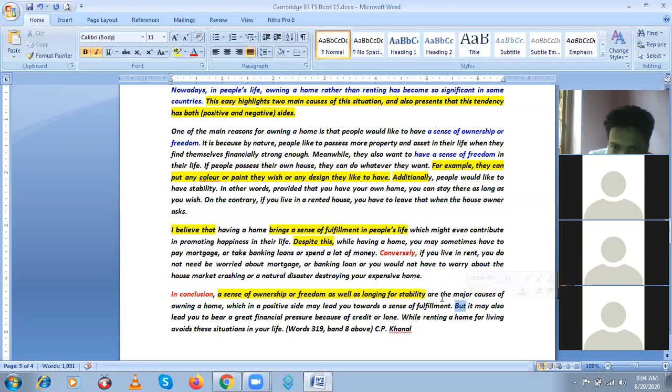You can write however, nevertheless, nonetheless. And another point, while renting a home for living, avoid this situation in your life. On the contrary, when you live in a rented house, you don't need to bear all this. So we have talked about positive and negative sides of owning a home and living in a rent or renting.